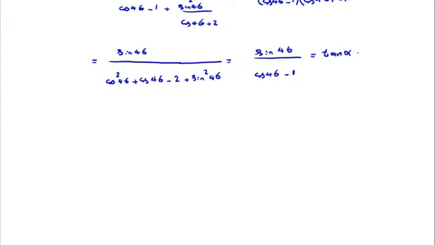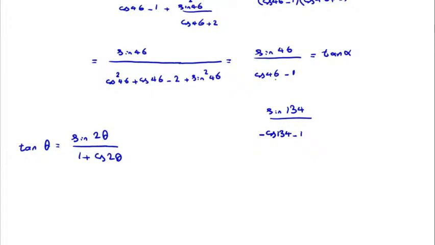Let me write, for example, tangent theta equal to sine 2 theta over 1 plus cos 2 theta. Now here, if you pay attention, we have a negative. What should we do? If you want to change it to 1, consider, for example, sine 134 over negative cos 134 minus 1. It is equal to this tangent alpha.